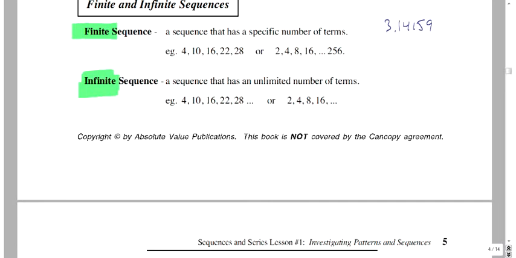Does it have 3 dots on the end of it? Then it terminated. It's rational. That's not pi. That is. It keeps going forever and ever and ever. If it has dots, it's infinite. If it stops, there's no dots, or there's 1 dot, period, it stops, it's finite. Okay? Got to remember that.